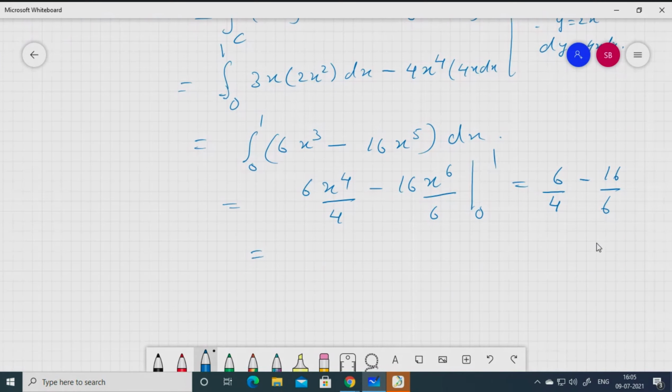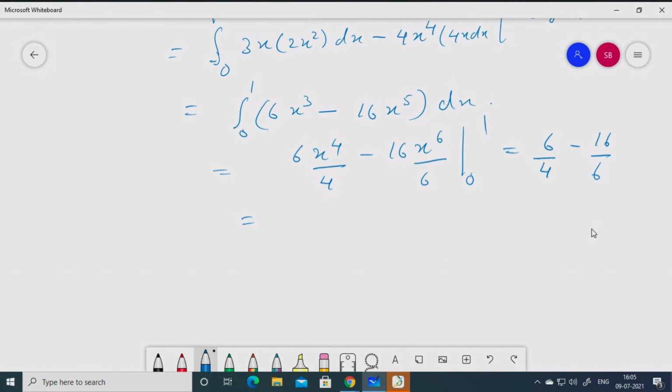A negative value you should get, if I am not wrong. Then what is the answer? Minus 7 by 6. This is the answer.